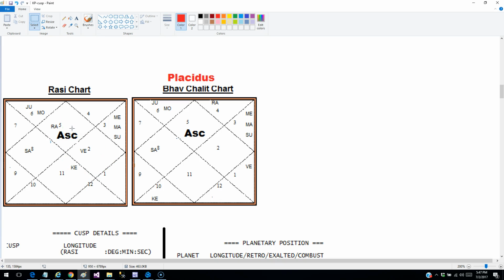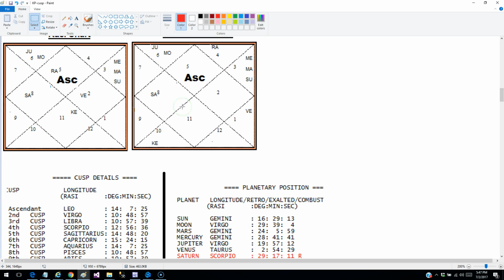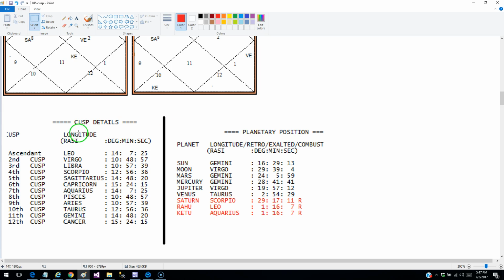So I'll give you just one example, and it's very easy to understand why this difference occurs. In the Placidus chart, you have to calculate the cusp, and then you have to calculate the planetary degree.